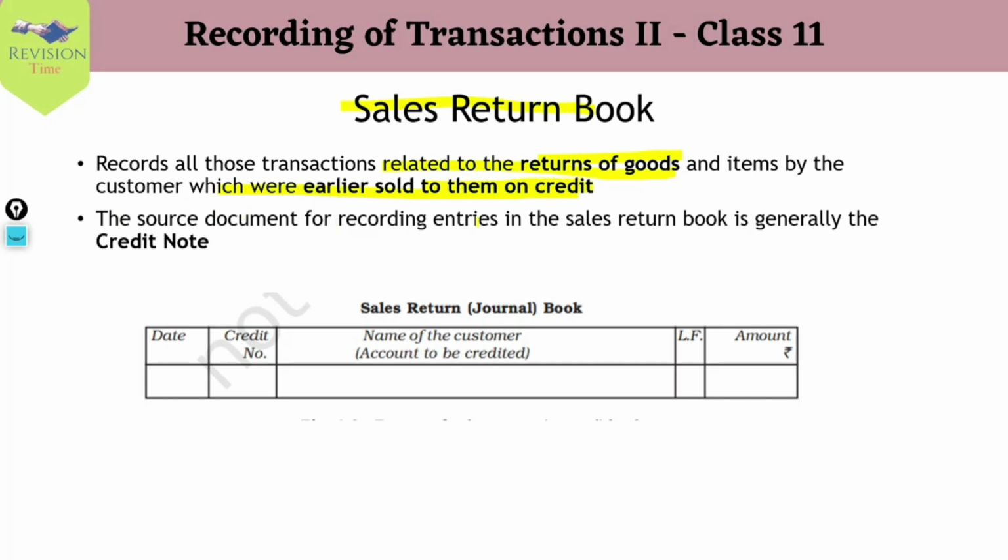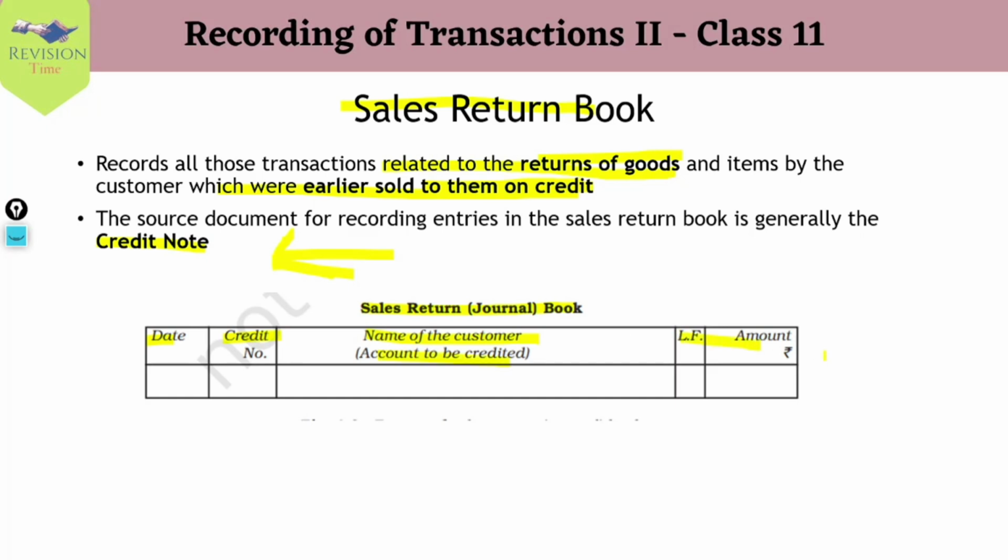The source document for recording the entries in the sales return book is our credit note. So when we are receiving the goods back from the customer, we raise a document known as credit note. Here is the format for our sales return journal book, that is date, credit note, name of the customer, the account to be credited with ledger folio and amount.